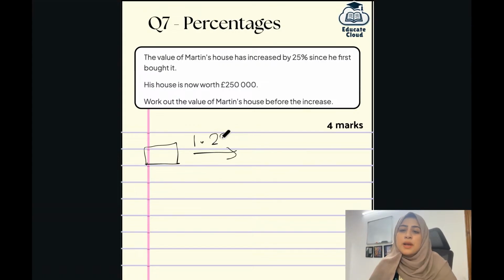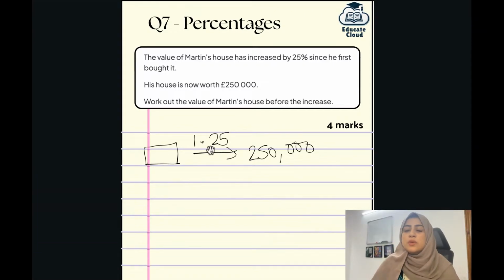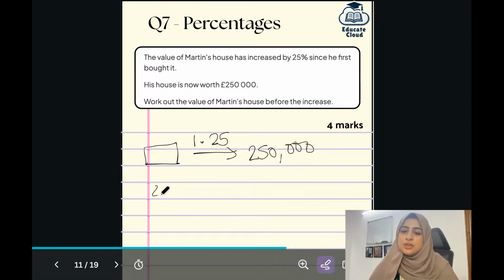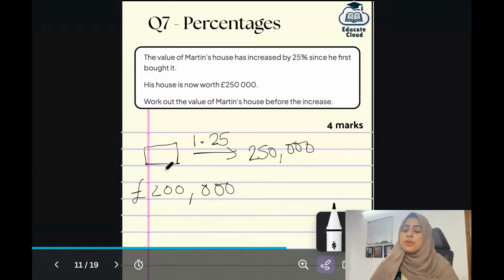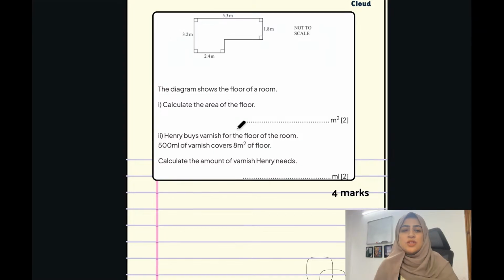So the multiplier is 1.25, and the new price is 250,000. So to get the old price before the increase, we would just do 250,000 divided by 1.25. Okay, so that is £200,000 before the increase.